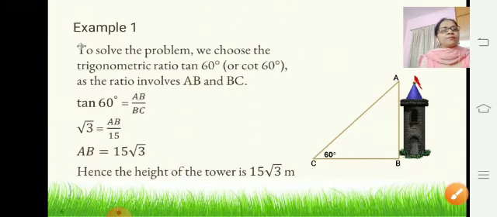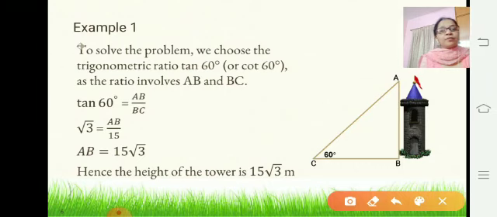First, what do we choose to find out the height of the tower? Out of the trigonometric ratios, which is the ratio that you would choose? Yes, you would choose tan 60 degrees or even cot 60 degrees because tan 60 involves AB and BC, opposite by adjacent.